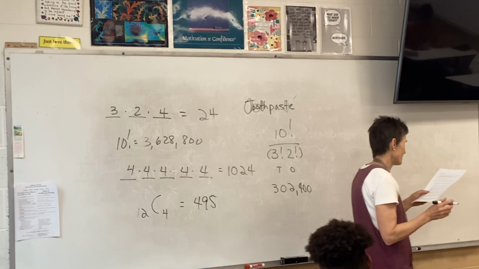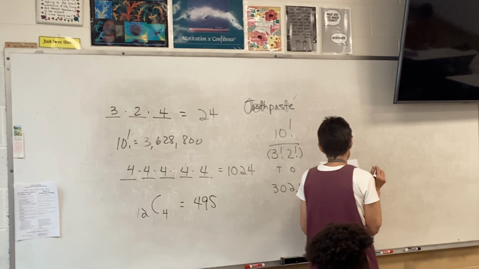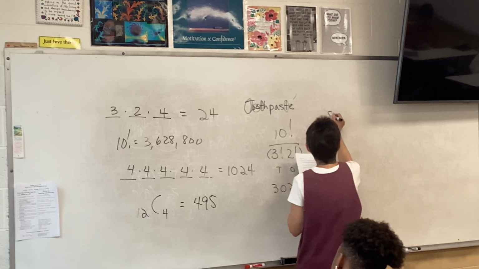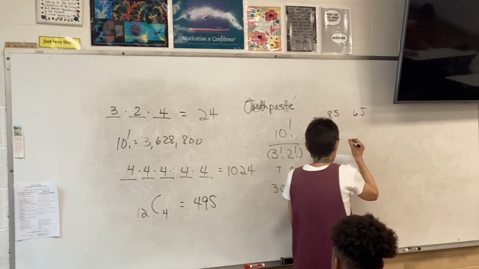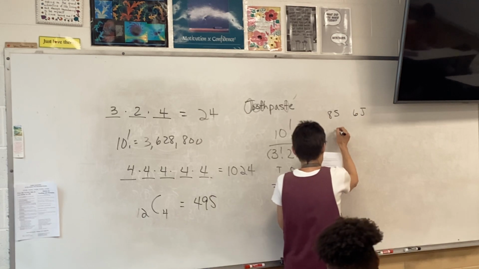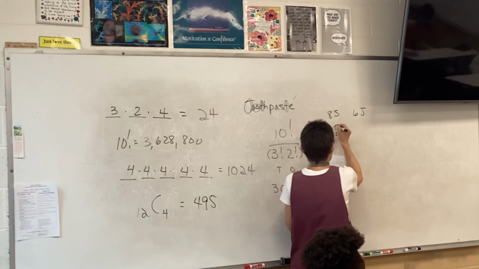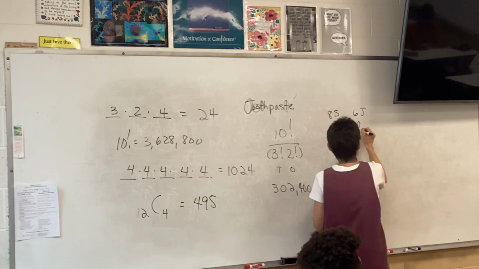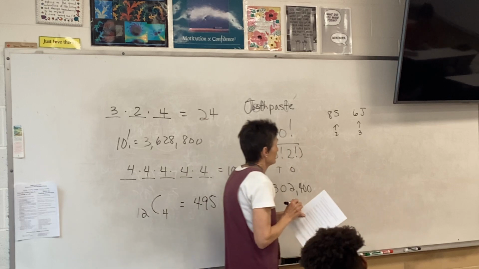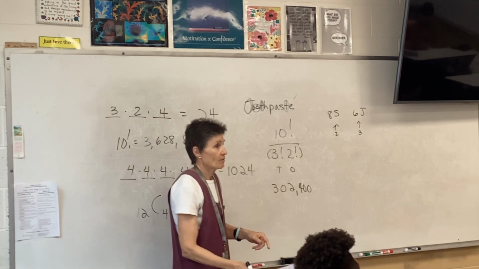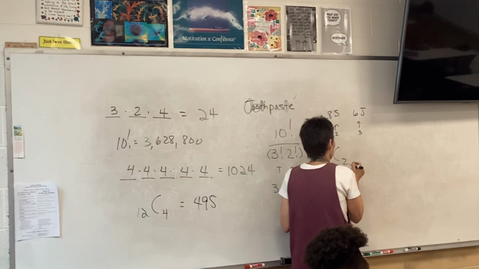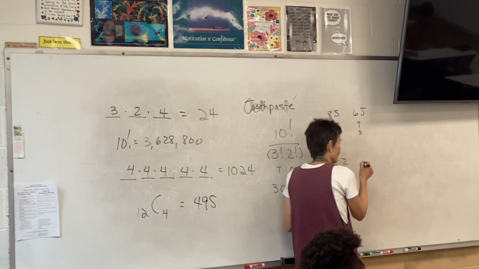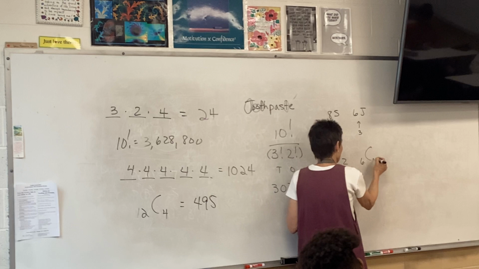How many teams consisting of 2 seniors and 3 juniors can be formed from a group of 8 seniors, 6 juniors, and I am picking 2 seniors and 3 juniors? All right, so what do you think? 8C2, I love it. 6C3.